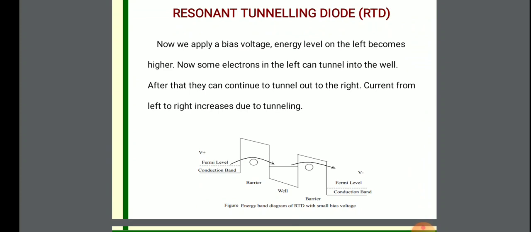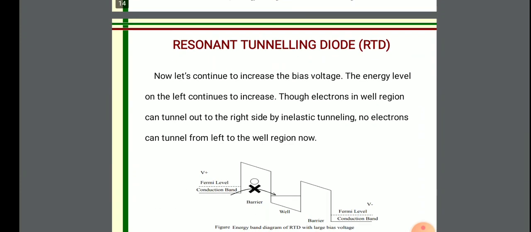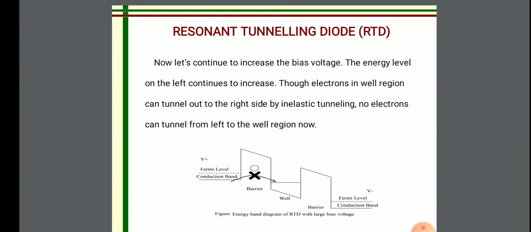After that they can continue to tunnel out to the right. The current from left to right increases due to tunneling. Now if the bias voltage continues to increase, the energy level on the left continues to increase. The electrons in the well region can tunnel out to the right side by inelastic tunneling, so that no electrons can tunnel from the left to the well region now.